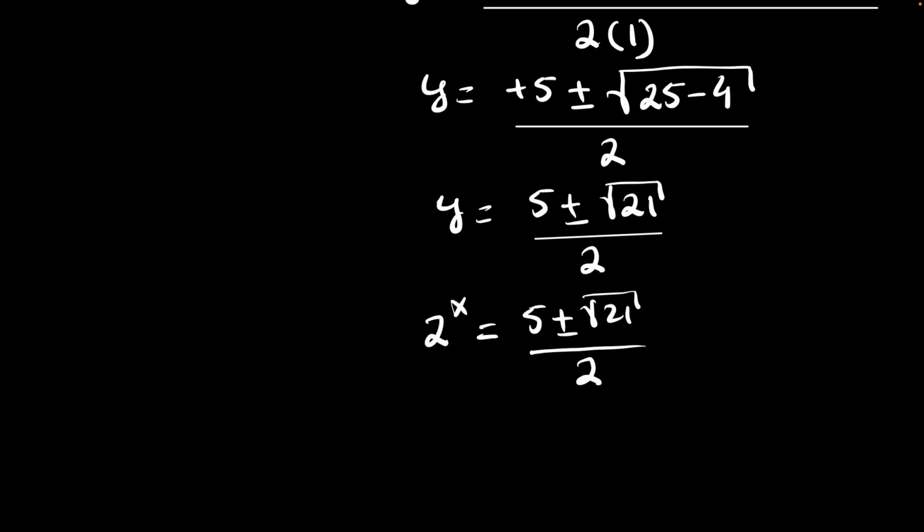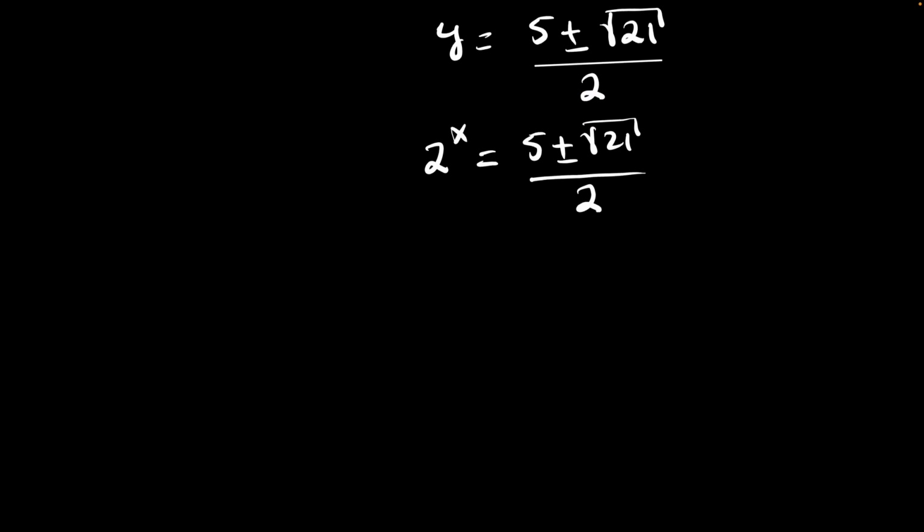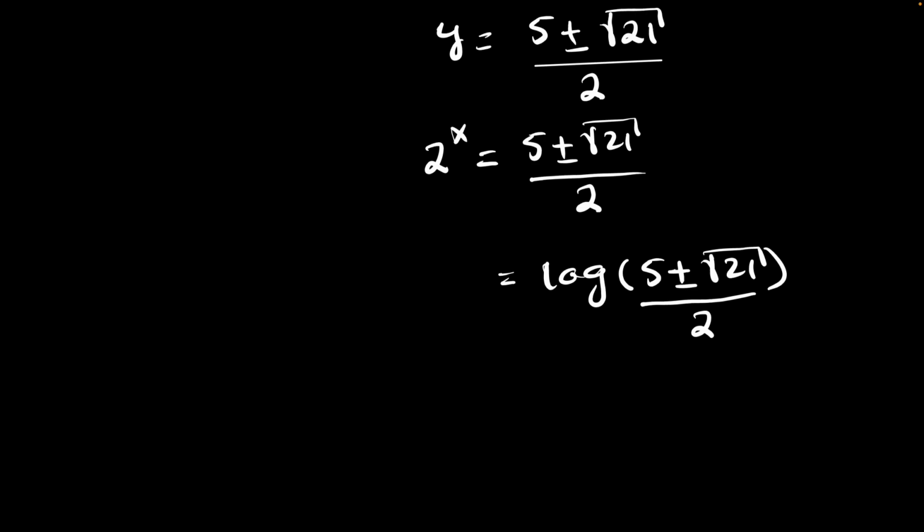So in order to find the value of x, I'm going to take log, or logarithm, of the right side of the equation. I'm going to take log of 5 plus or minus the square root of 21 over 2, and this 2 that we have goes to the base of the logarithm.